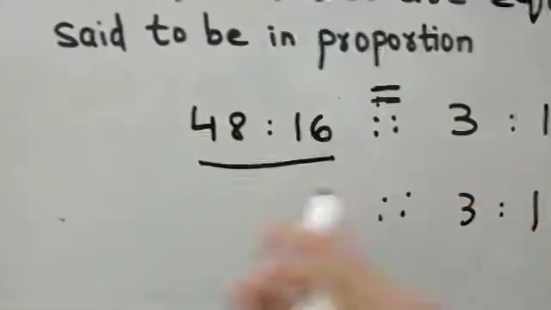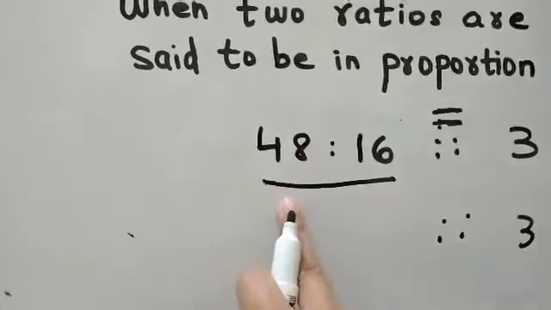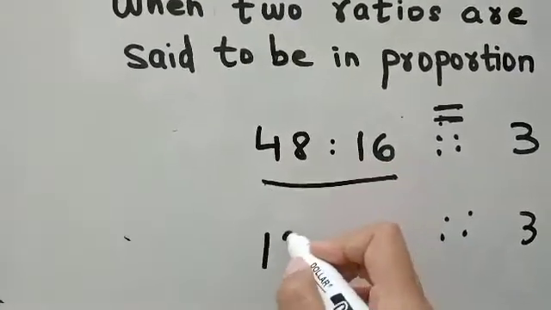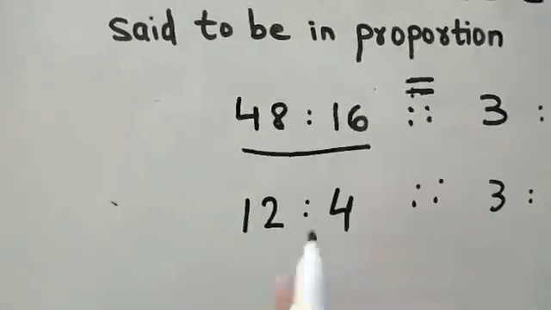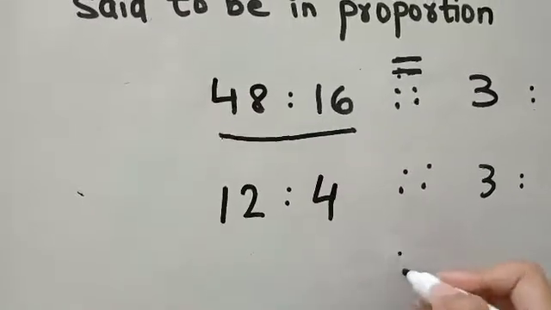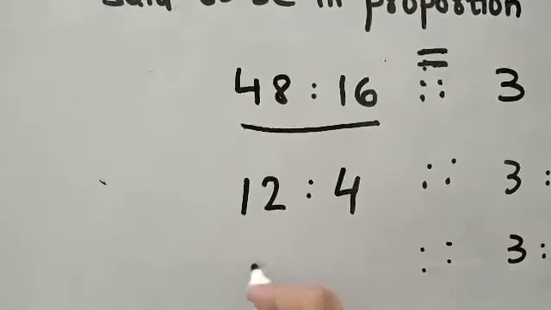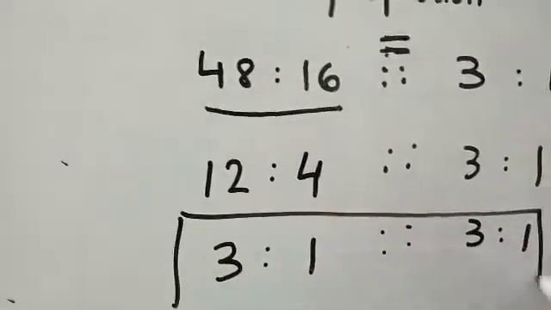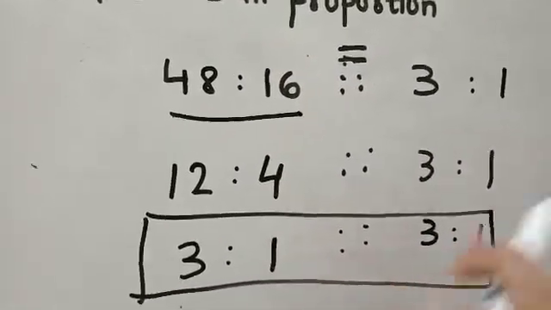Now let's look at this one, 48:16. Solve it from the 4 times table. 4 ones are 4, and 4 twos are 8. Then 16, 4 fours are 16. They are further solving. I will solve them again. This will be copied. 4 threes are 12 and 4 ones are 4. Can you look? 3:1 is in proportion with 3:1.